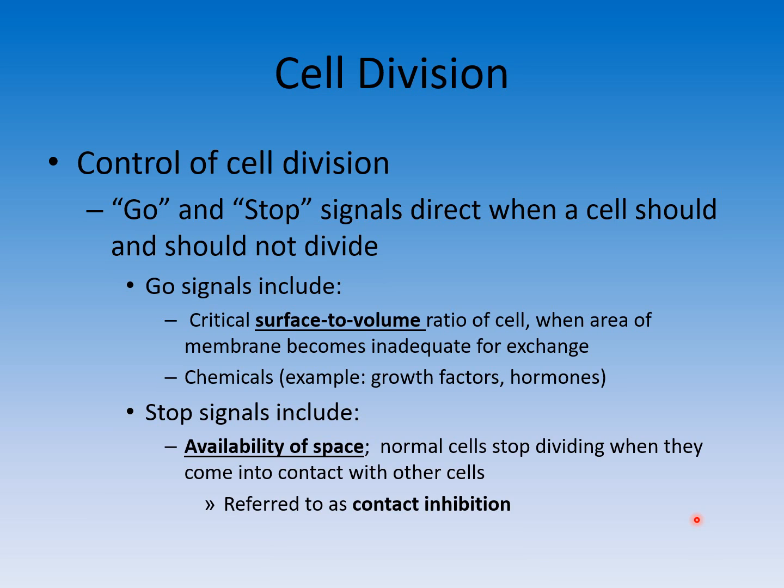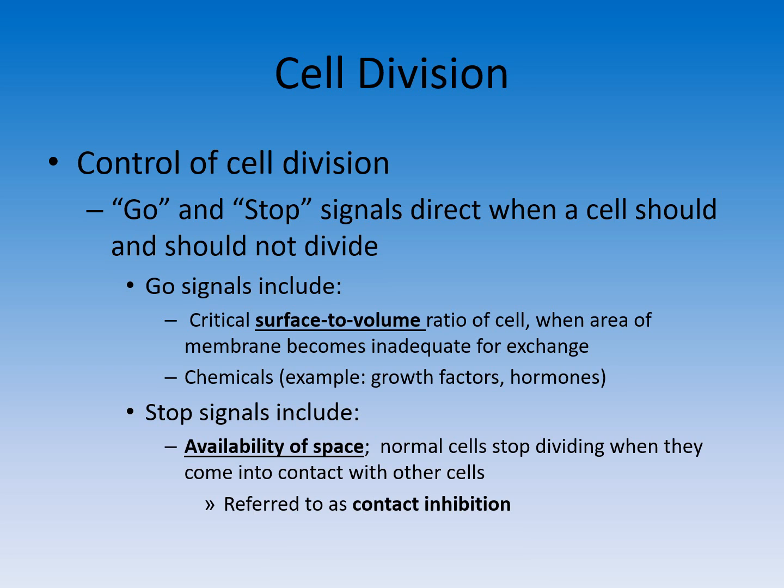If you cut yourself, you need to have the cells go through mitosis to repair that damage. But you don't want the cells to just continuously grow and grow and grow and end up with a huge growth, say, on your arm. You just want it to fill in the area where you've had the damage. That's where contact inhibition comes in.